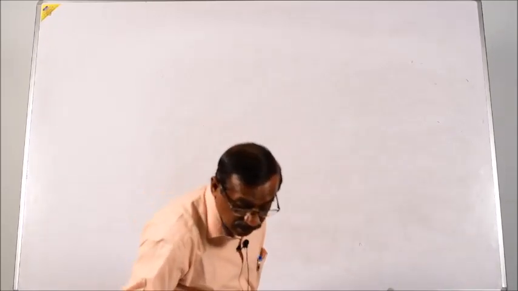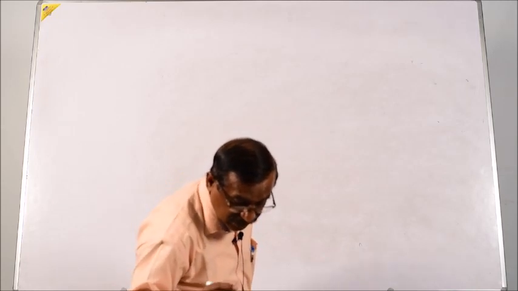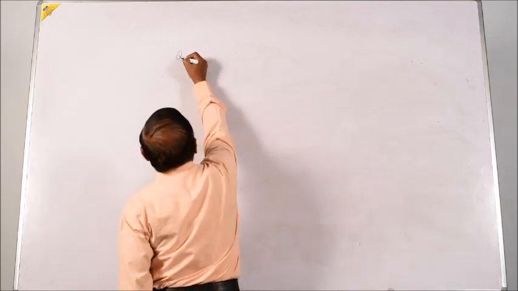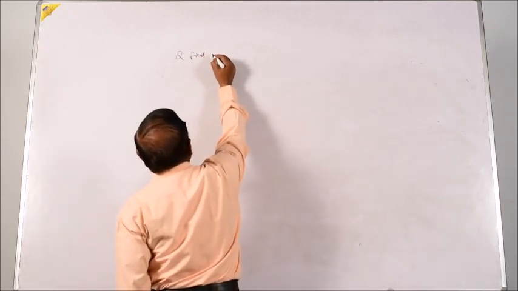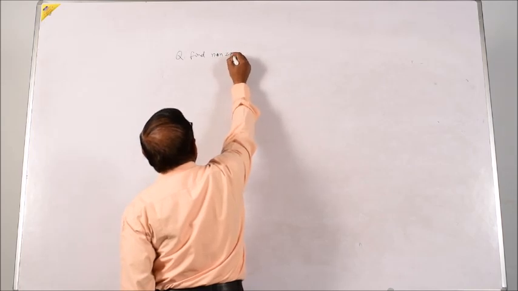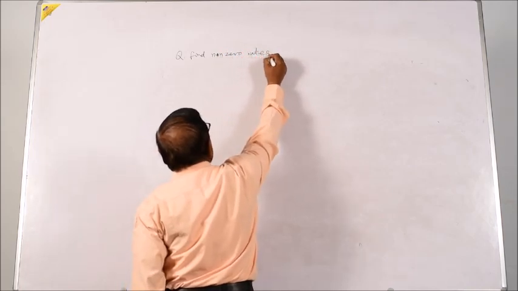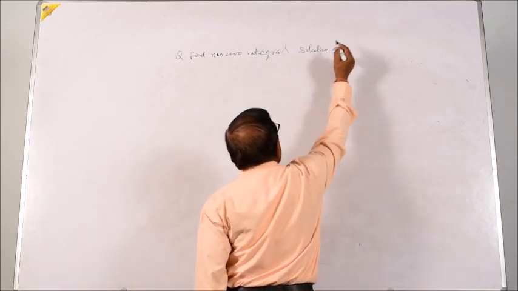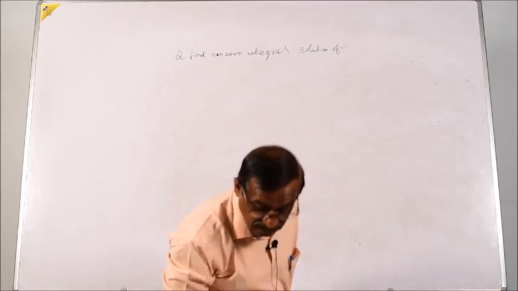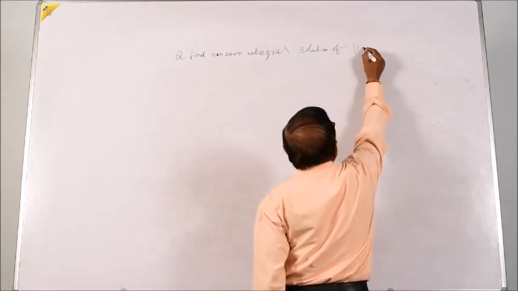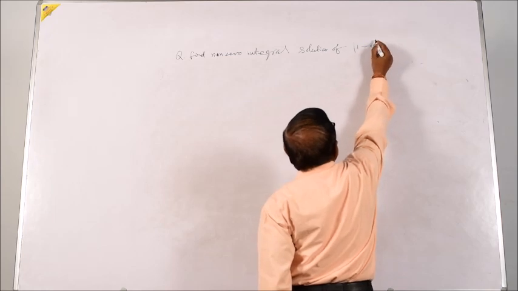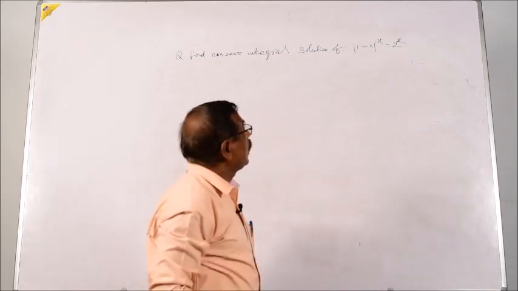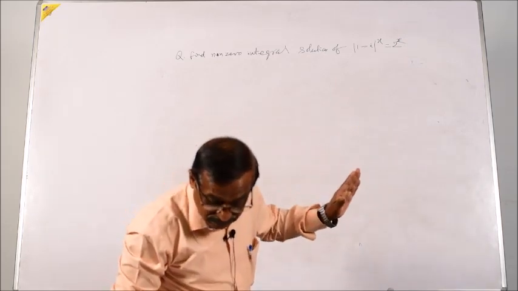Question is: find non-zero integral solution of 1 minus i to the power x is equal to 2 to the power x. This is a very good question.